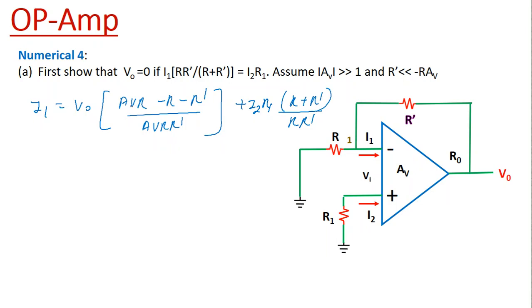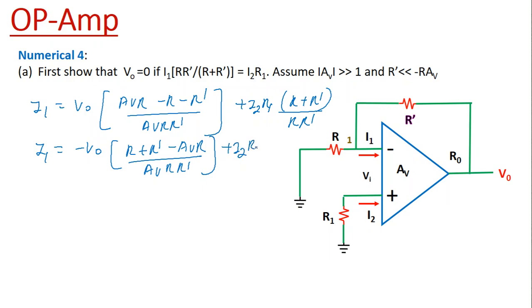Now we take out the negative sign from this equation, so we get I1 is equal to minus of VO into R plus R dash minus AVR divided by AV R into R dash plus I2 R1 into R plus R dash divided by R dash.